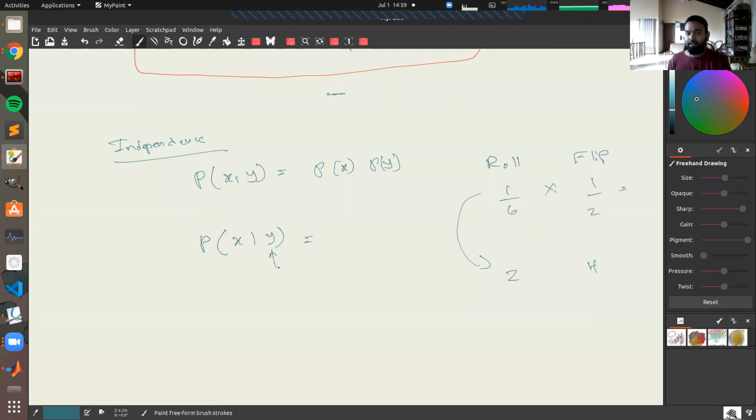One doesn't affect the other. So Px given y will simply be equal to Px. Is that clear, or is it confusing? The whole idea of conditional is that one depends on the other: given y, what's x? But if the two events are independent and not connected to each other, it doesn't matter what y is. We'll just have to look at what this event is.